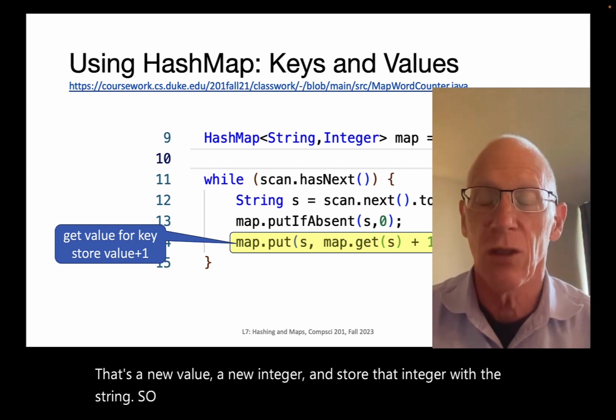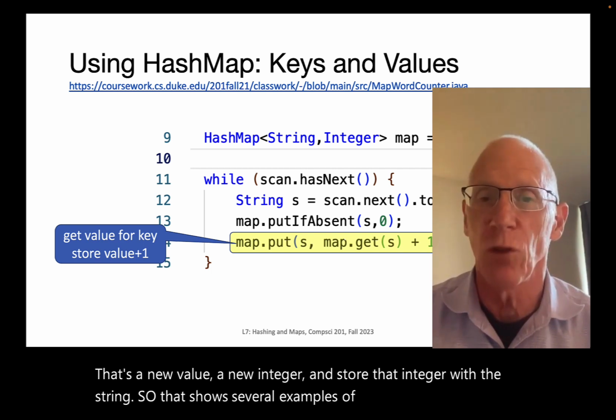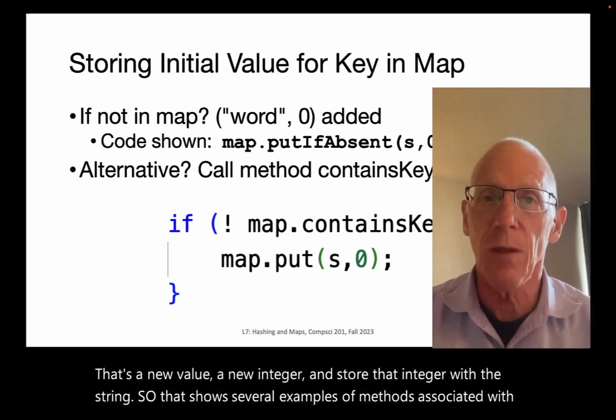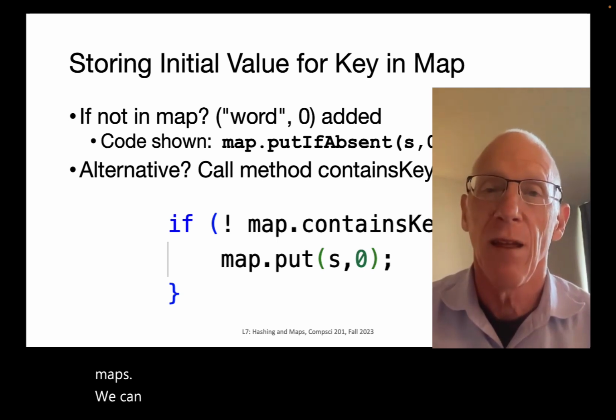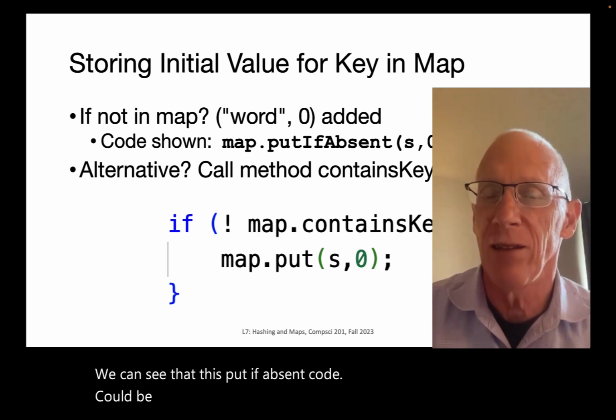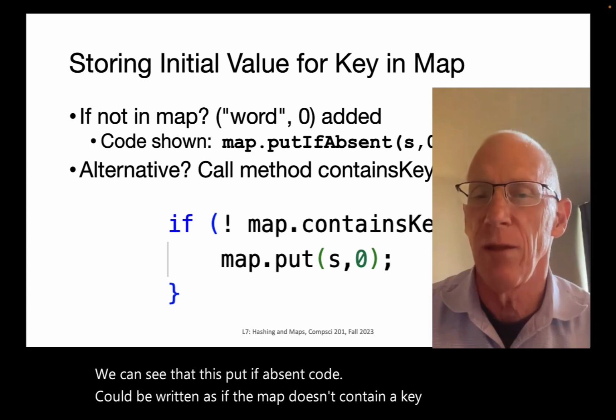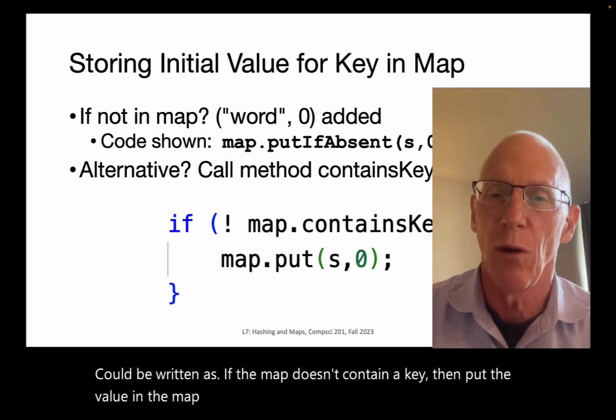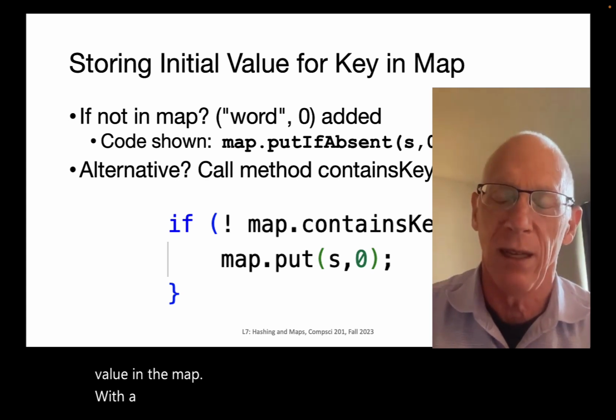So that shows several examples of methods associated with maps. We can see that this putIfAbsent code could be written as, if the map doesn't contain a key, then put the value in the map with the corresponding key s.